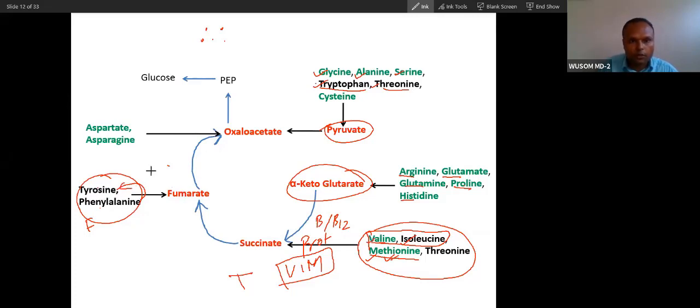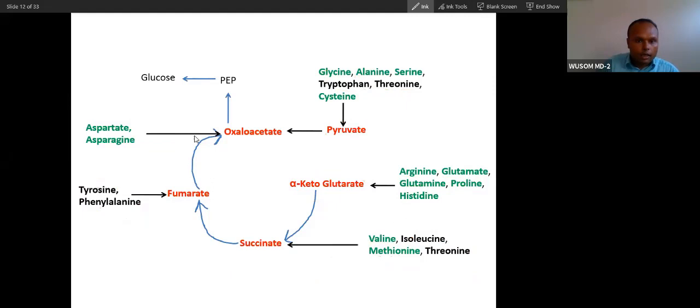So this is fumarate. Aspartate, as you already know, is the amino acid of oxaloacetate, and asparagine is made from aspartate. So easy. These produce oxaloacetate, and the opposite is also true. These two are non-essential amino acids, and non-essential amino acids are produced from these during the fasting condition.